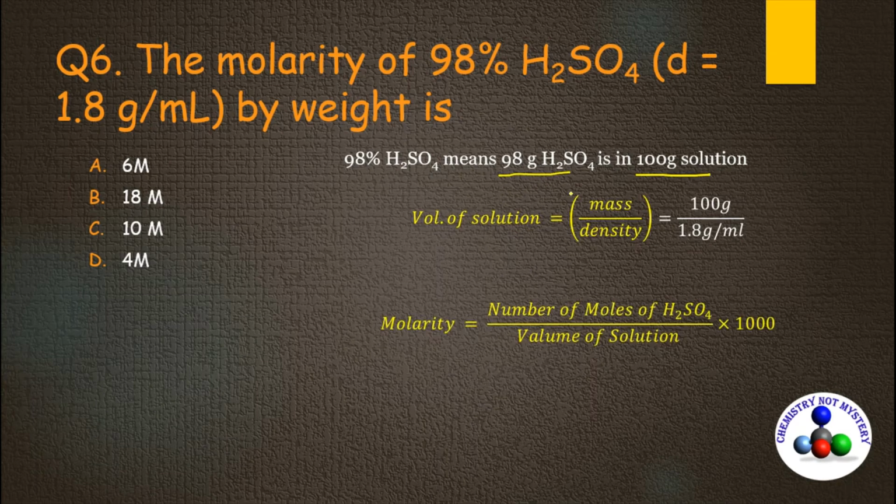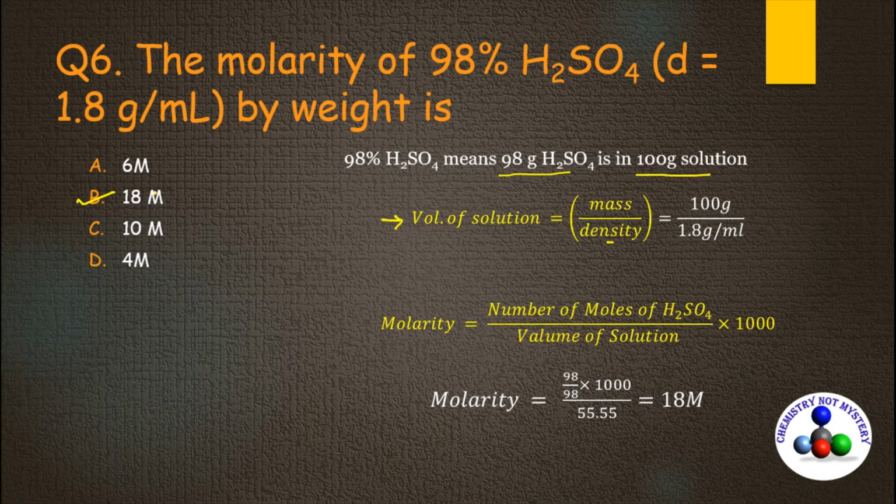First you have to calculate the molar mass of H2SO4. Now on dividing the mass of solution by its density, you can calculate the volume of solution. Density is given in the question. So you can use the formula to calculate the molarity. Now come to the next question.